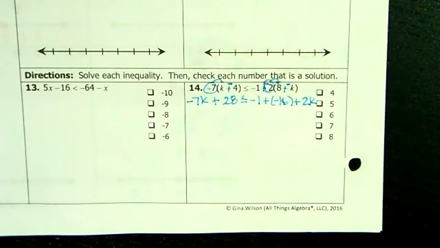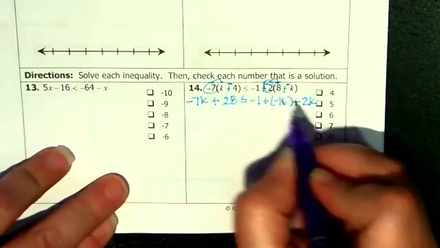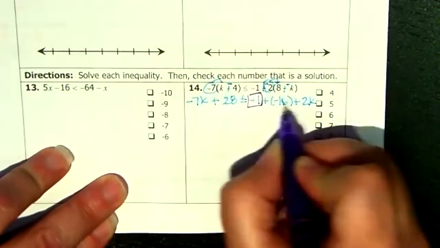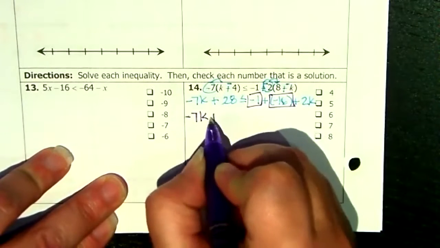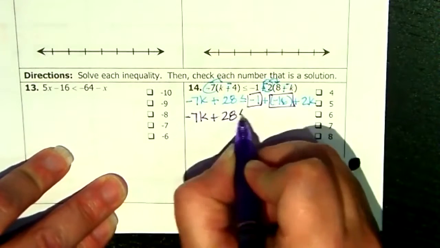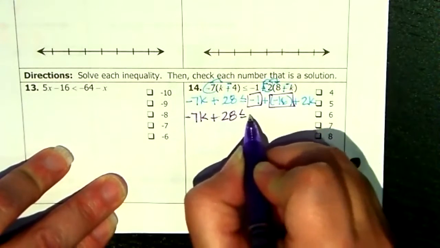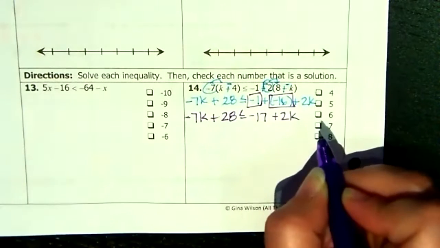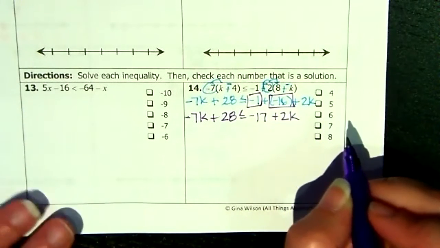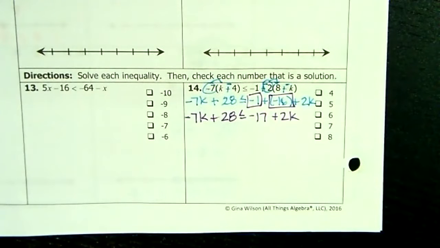And now I combine like terms where I can. The -1 and the -16. So now I have -7k plus 28 is less than or equal to -17 plus 2k. And now we solve.